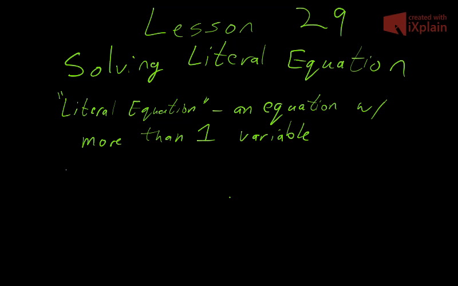So some examples of this might be y equals 2x plus 3, or we could have z plus y plus 7 equals x. So as long as we have more than one type of variable, it is a literal equation.